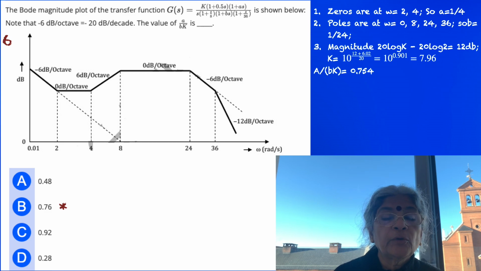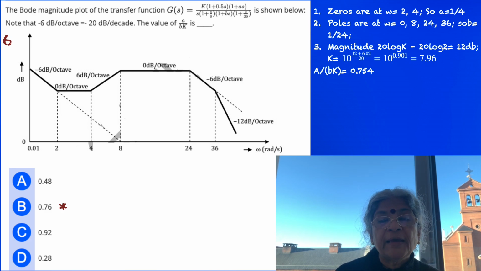An octave means that at frequency 4, because it's a 6 dB per octave kind of slope, and octave means half the frequency, so at 4 it would be 6 dB. I suppose this is clear. This is just the law of triangles. So 4 by 2 is 2, and the dB value at 2 would have been 12 dB.